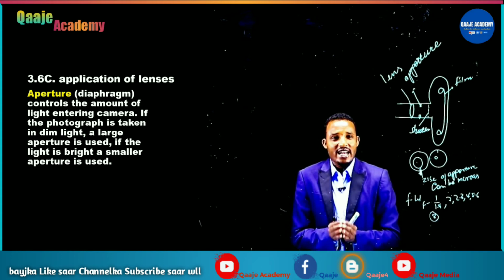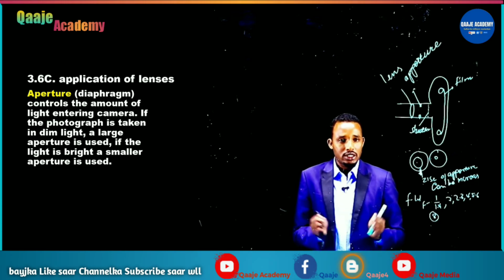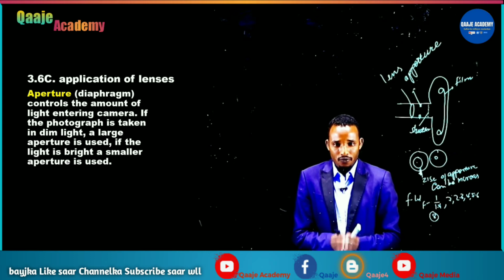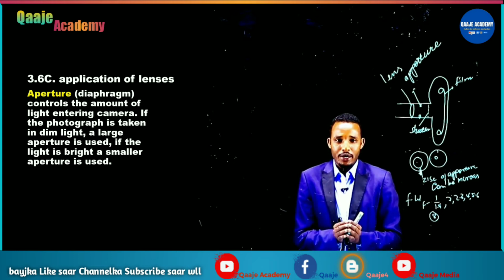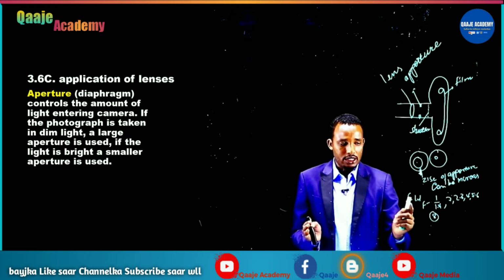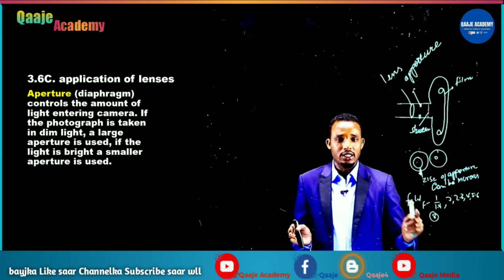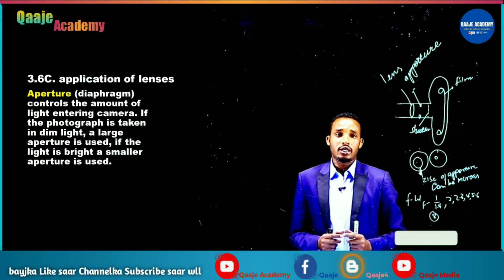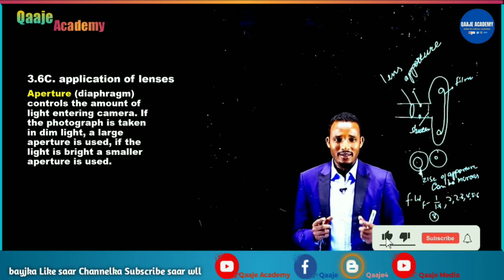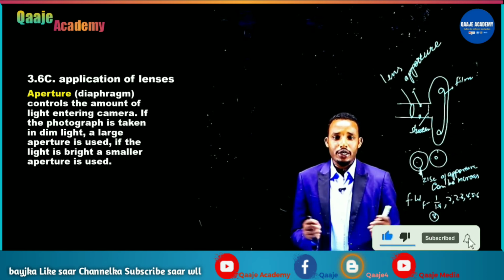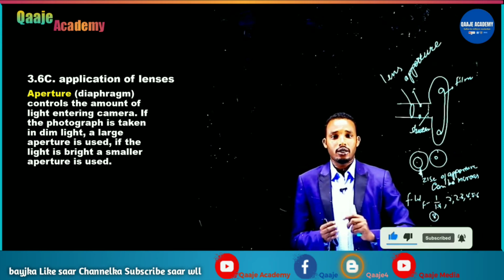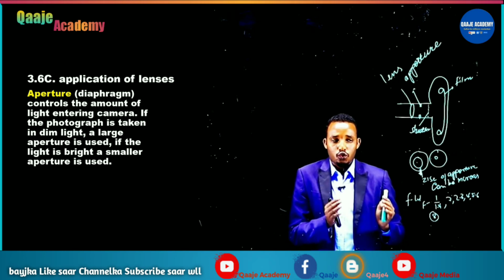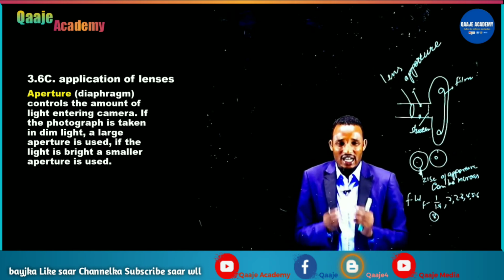The aperture has a variable size that can be increased or decreased depending on the brightness of light. In bright light, the f number can be increased to decrease the size of the aperture.